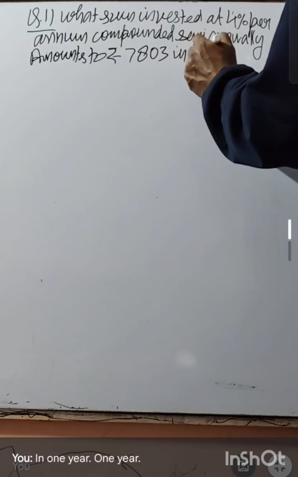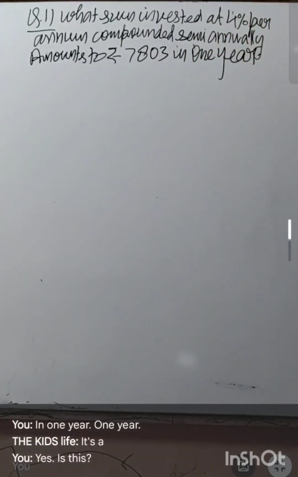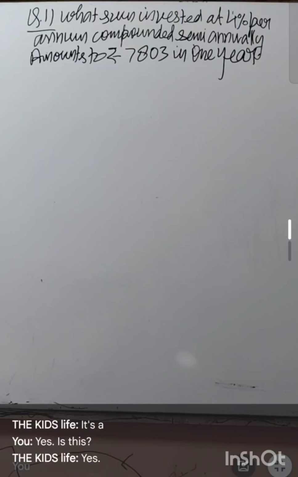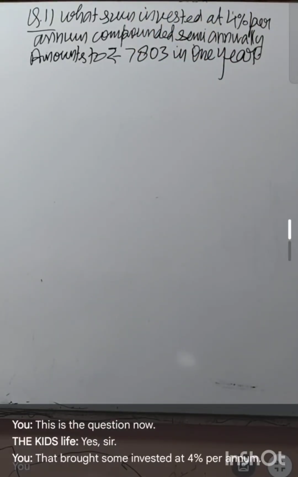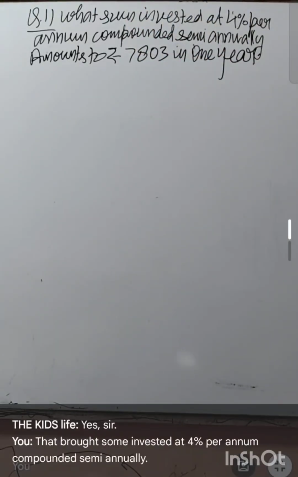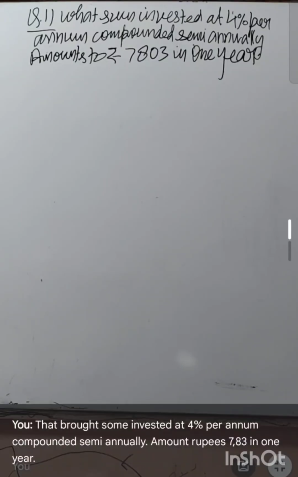Yes, sir. That is the question now: what sum invested at 4% per annum compounded semi-annually amounts to rupees 7,803 in 1 year. Right?